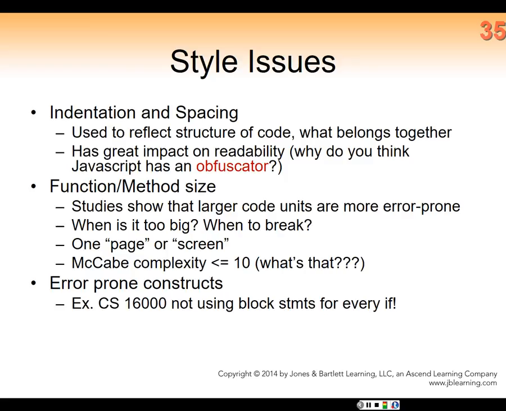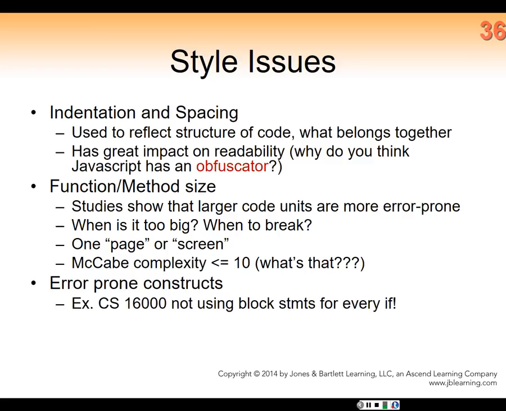If you want to compute McCabe complexity, you basically take a look at the decision logic and the iteration logic. Figure out how many of those you have. So this gets at the idea of how many different execution paths there are through your code.